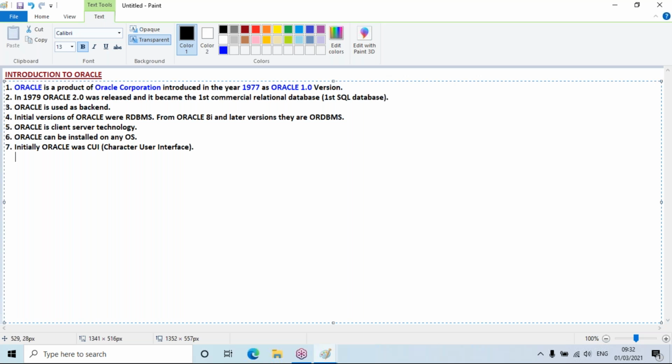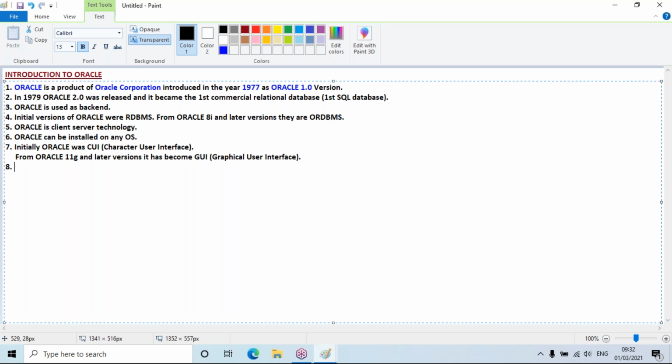But from then, what Oracle Corporation has done, especially from Oracle 11G, and all the later versions after it, it has become GUI, graphical user interface. One more interesting thing is, from Oracle 11G, Oracle Corporation has introduced its own tool.